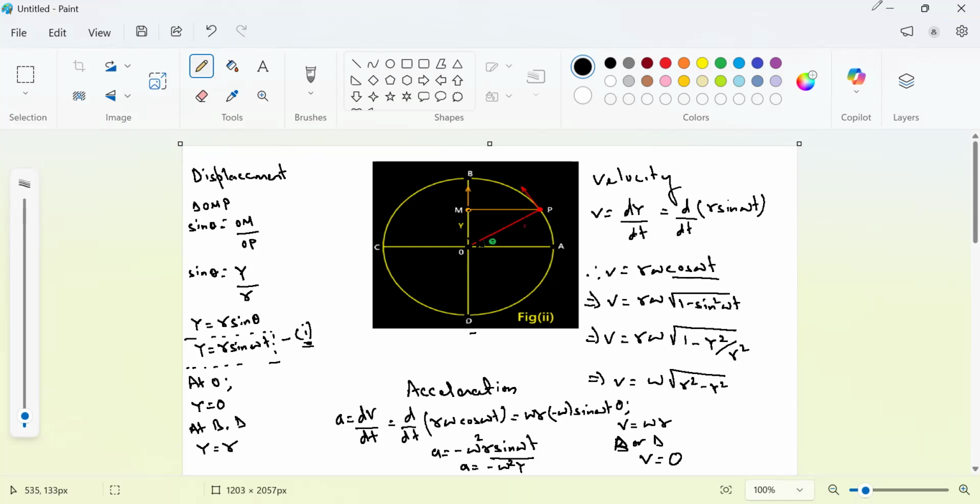So when this particle M moves from point O to point B, the displacement goes on increasing, velocity goes on decreasing. However, the rate of change in velocity will be maximum. Hence, the acceleration will be maximum at points B and D.